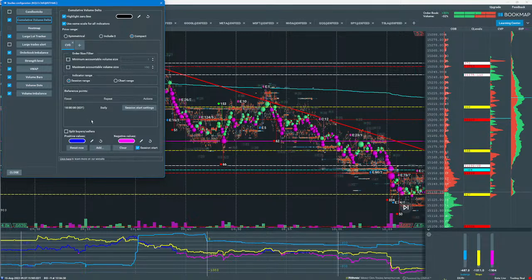Using session range, my session starts at the start of the prior day, so it starts at 6 p.m. Eastern Time yesterday for today's session, and then I do have positive values and negative values shown with these colors here. Right, so there you go. I think pretty much default settings, maybe except the session start and the colors.